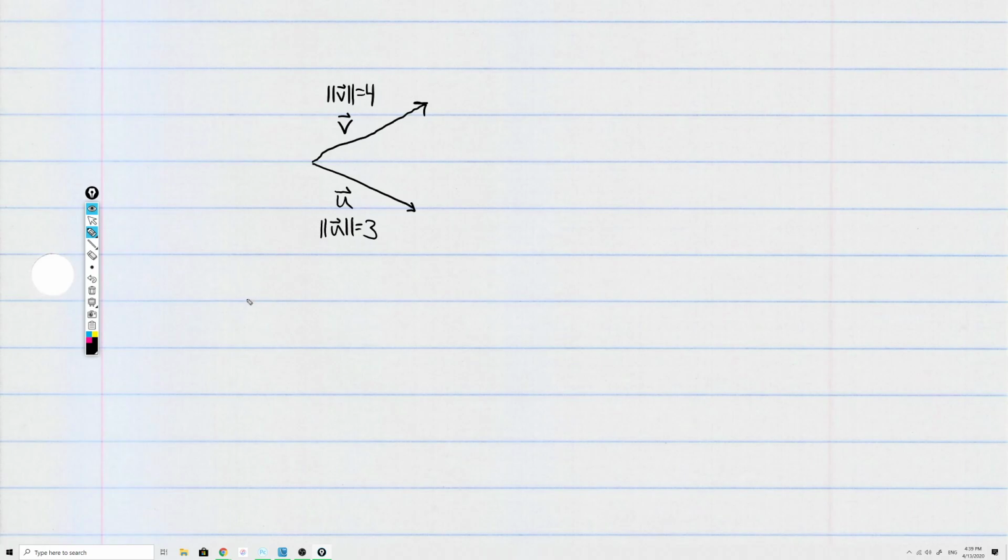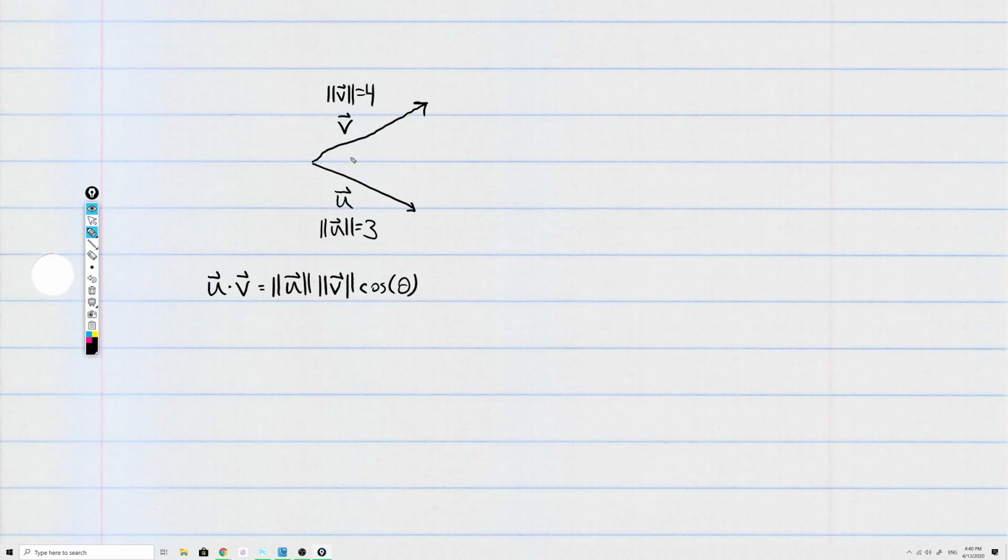Now, another interpretation of the dot product, and this is the interpretation that a science person would have, is that the dot product of u and v, so again it's the same notation, u dot v, is equal to the magnitude of vector u times the magnitude of vector v times the cosine of the angle that's between them.